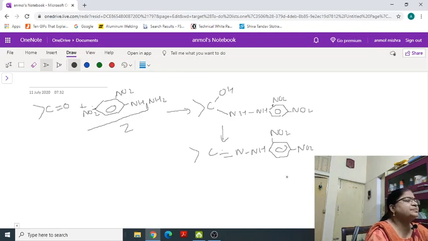Next is the reaction, that is reduction of aldehydes, reduction of aldehydes to alcohol.